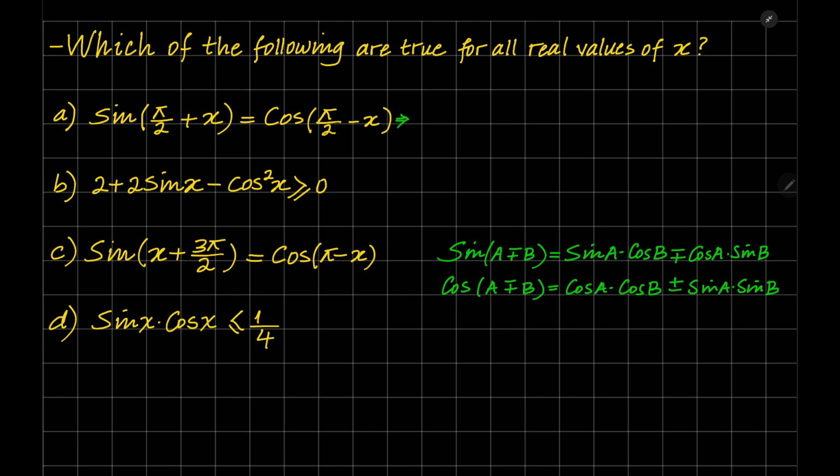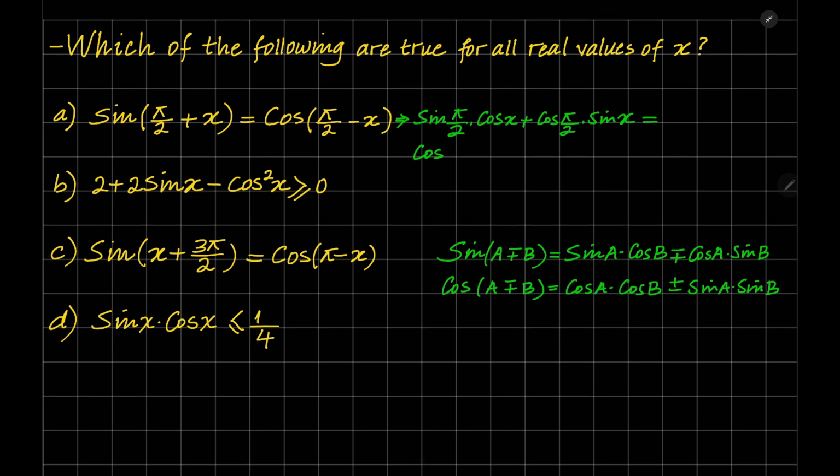That implies that sine pi over 2 times cosine x plus cosine pi over 2 times sine x, which is equal to, consider this term, cosine pi over 2 times cosine x plus sine pi over 2 times sine x.